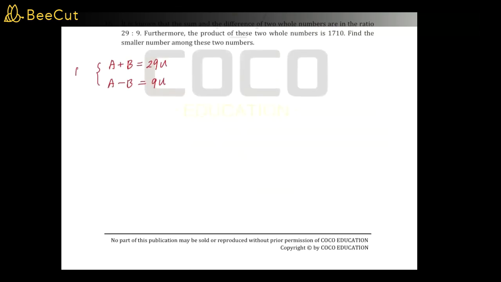Okay, so when it's added together, this gives us 2A. The B's cancel each other, so 2A is 38U, so A is 19U. Then subsequently, we can find that B is just 10U.